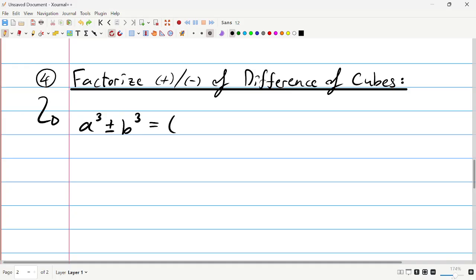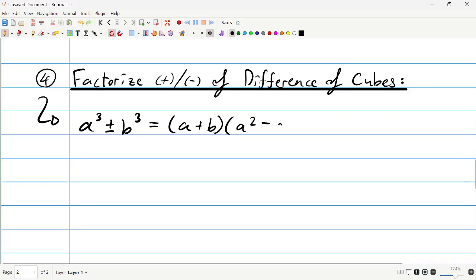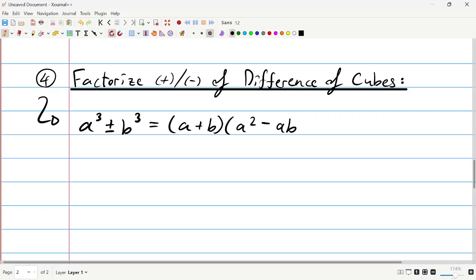So let's say a case where we choose the positive, right? We'll get a and it is going to be positive b. So a plus b multiplied by a square minus, sorry, it should be ab plus b.